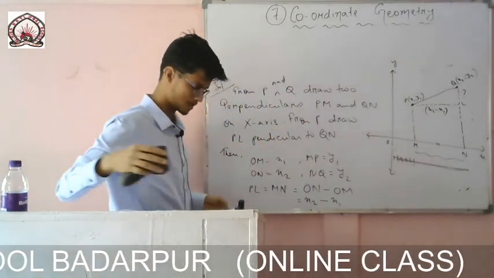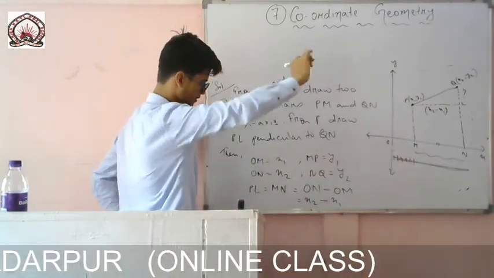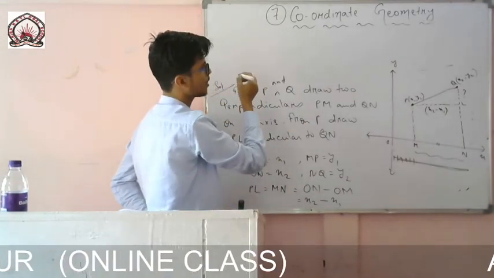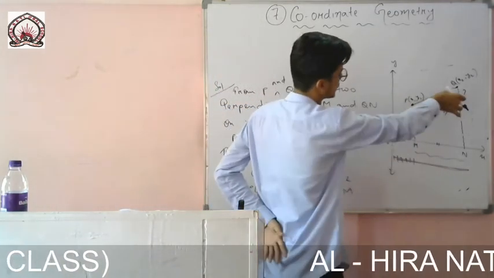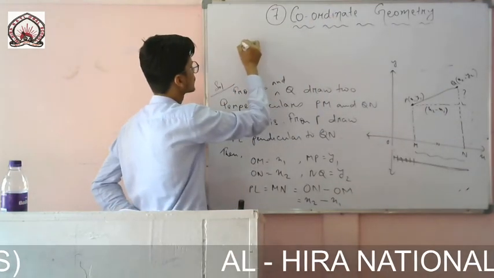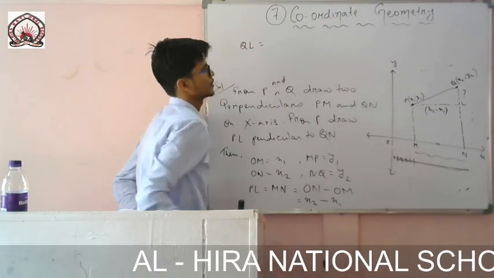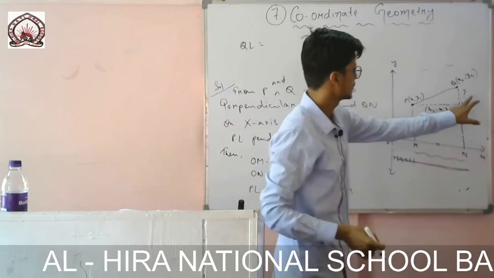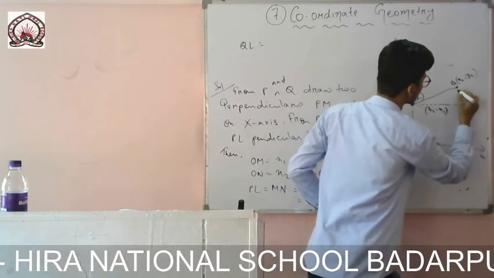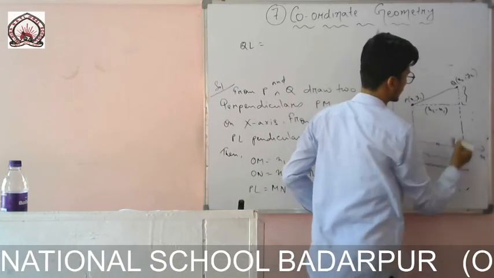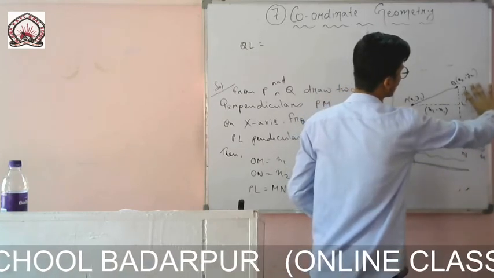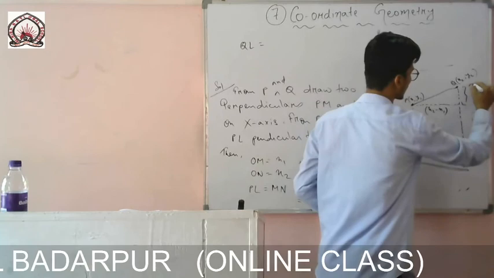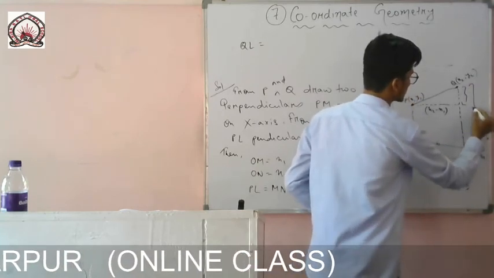Now PL we have taken out. Now we have to find QL, this side. You see here, I have to find this part. To find this one I can write this whole side from here to here, and then I subtract this part.